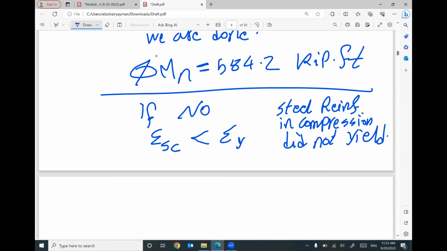And we need to disregard or ignore what we did. All of these calculations must be deleted, and we will start new calculations.